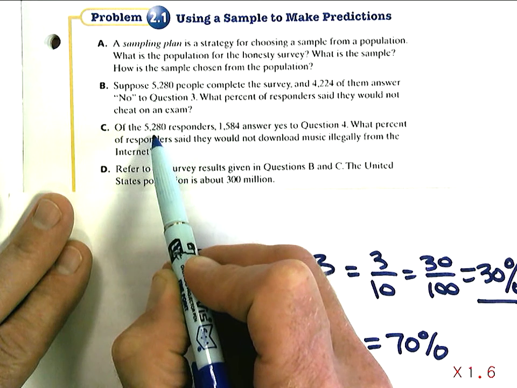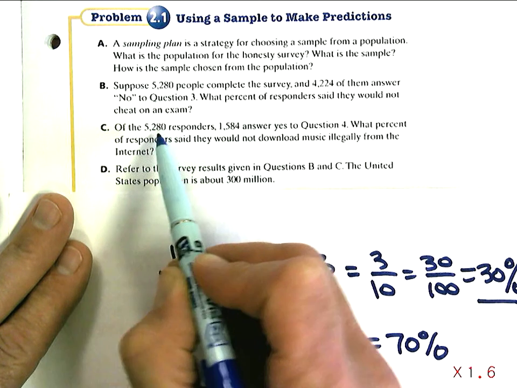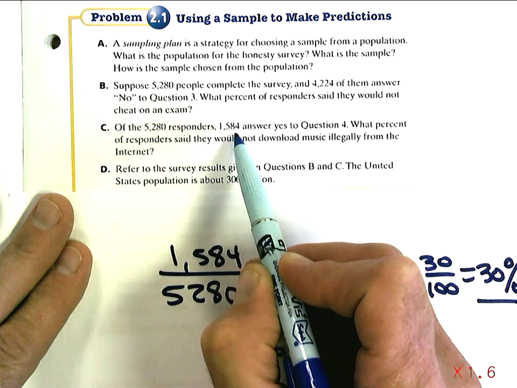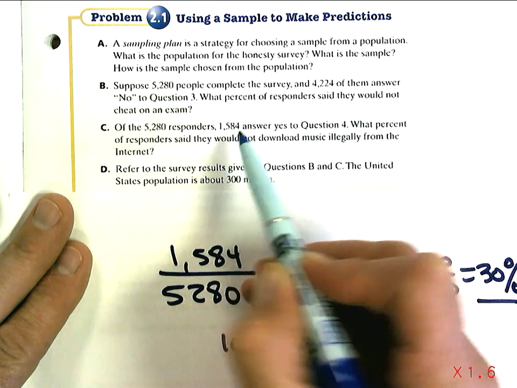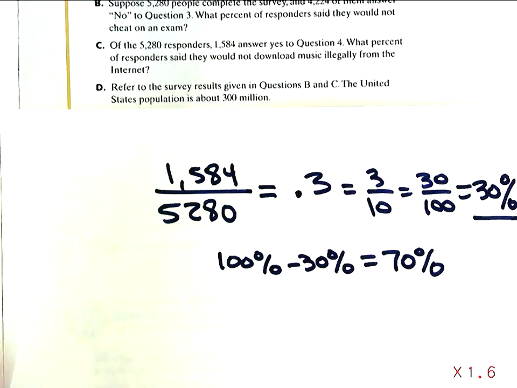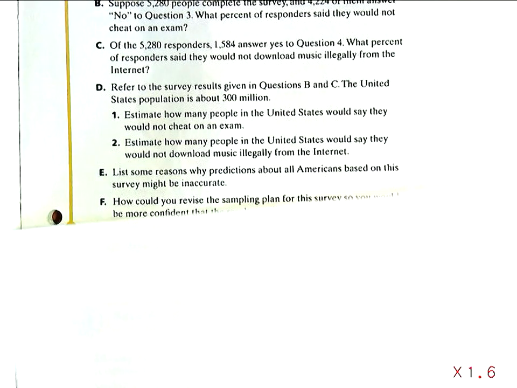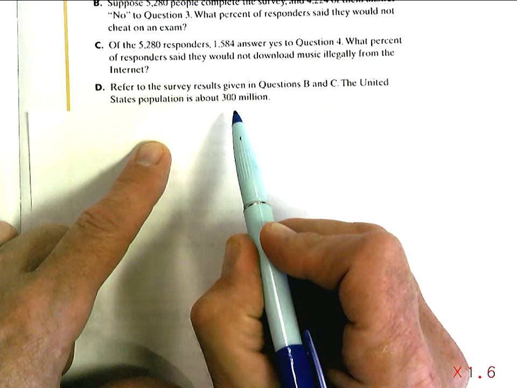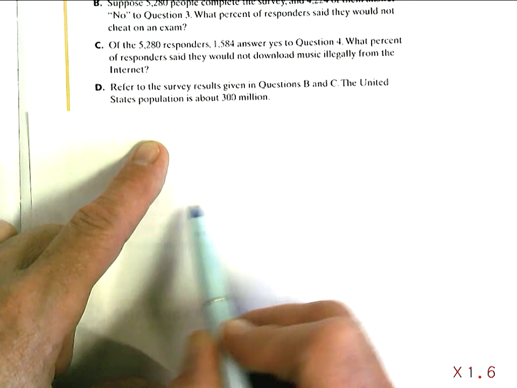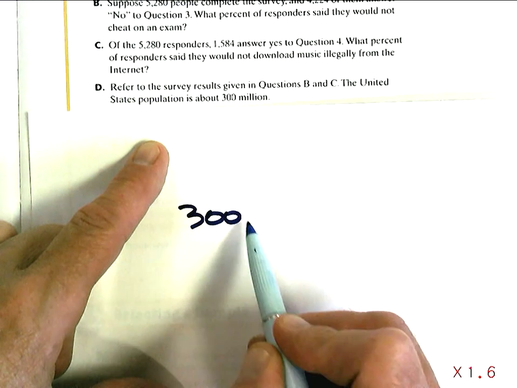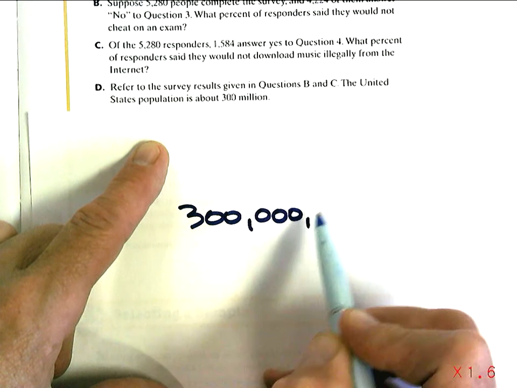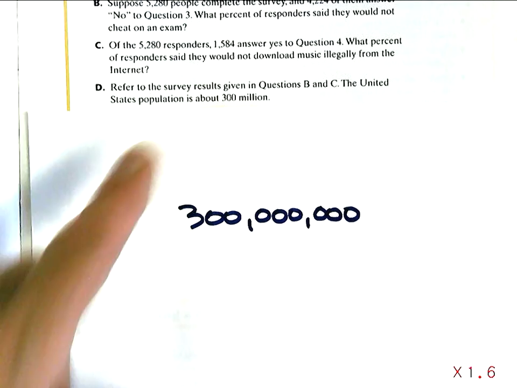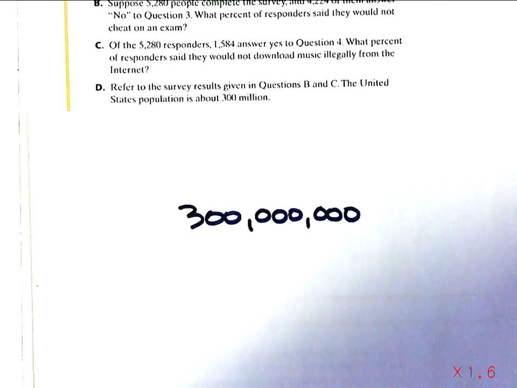Here we had the same sample, and this many, 1,584, said yes to that question. Now, what if we were trying to just figure out what the whole population, like if we said that there's 300 million people in the United States, we have 300 million. I'm going to put all the zeros in there so you can see all those zeros. 300 million people.